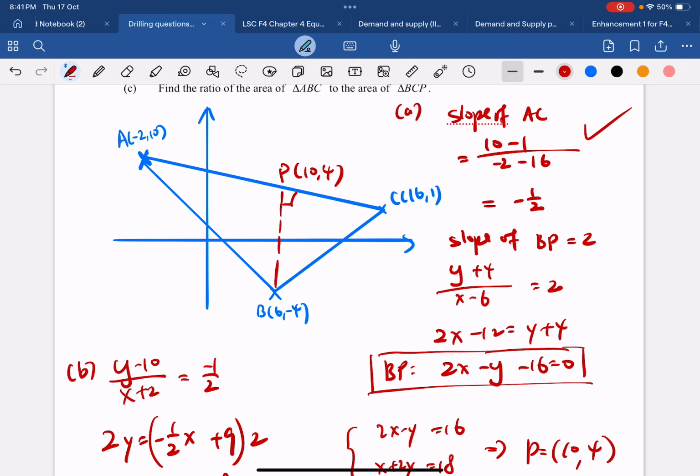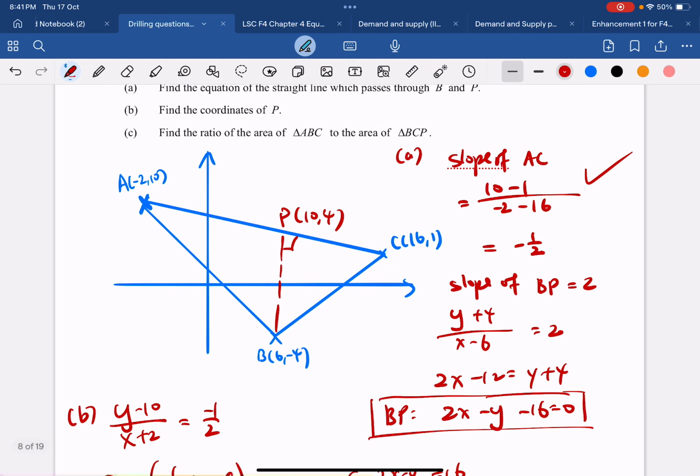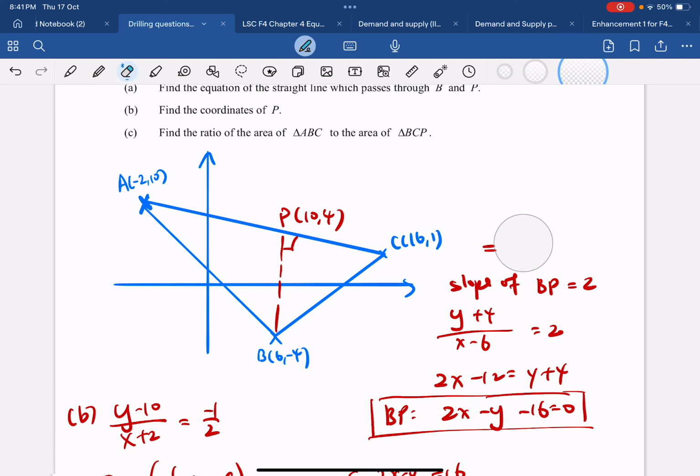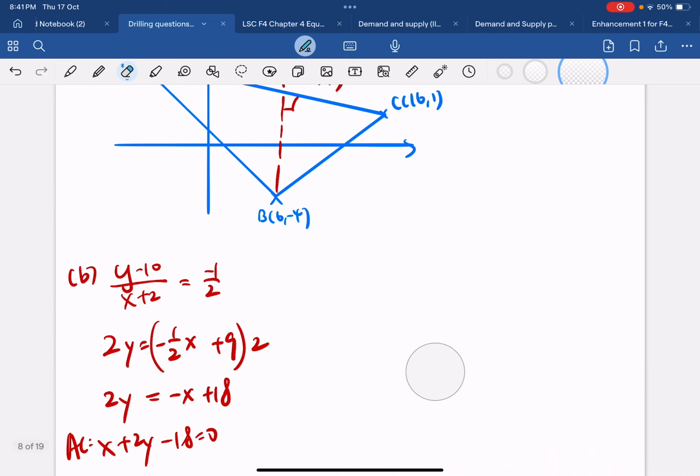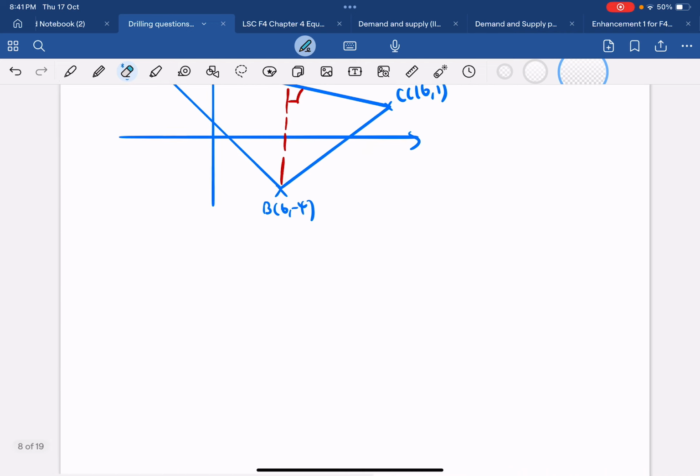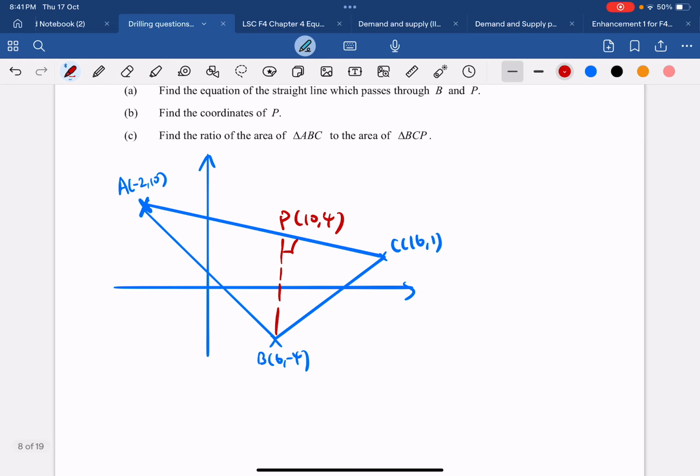Okay, so now part C. Find the ratio of the area of ABC, the big triangle, to the area of BCP. Oh, so you know area, you can use the skills I taught you, right? So let's try to find the area of ABC first.